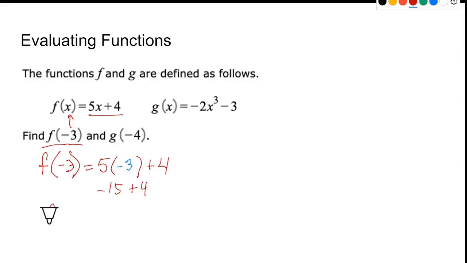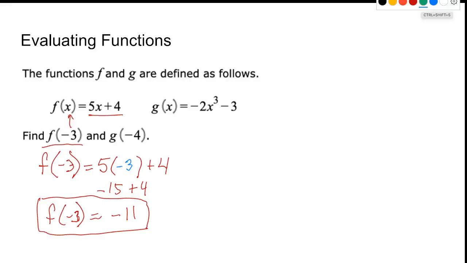And so then we end up with f of negative 3. Negative 15 plus 4 is going to leave us with negative 11. And notice how in our final answer, we've got the input value of negative 3 and the output value of negative 11 right there in the answer.